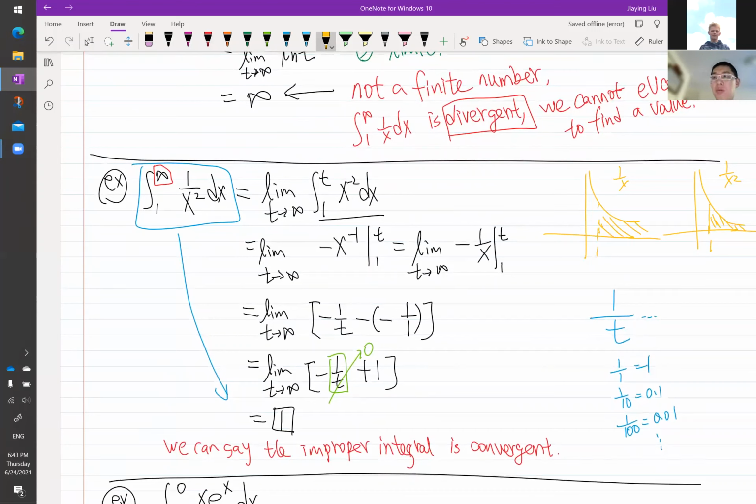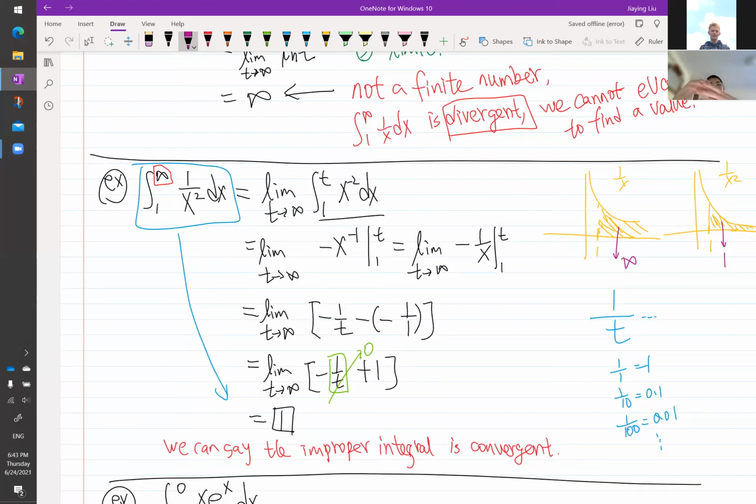You probably wonder why they're different. The graph looks so similar. The area that we're looking for, by the definition of the integral, looks similar too. Why are they different? One gave us the actual area, which is 1. The other one gave us infinity.